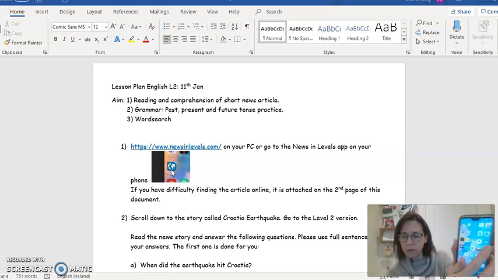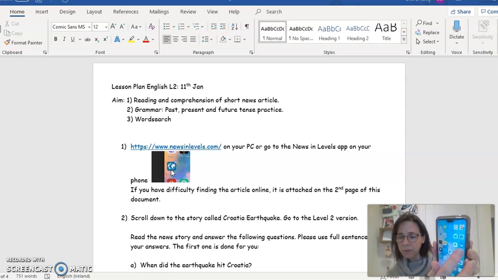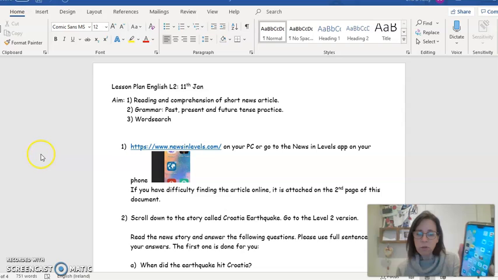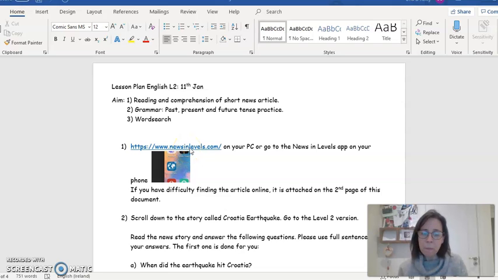News and Levels, okay? If you click on that or you go to this link here that I'm highlighting with the cursor on a laptop or PC, it'll bring you to a list of news articles that I'd like you to have a look at.